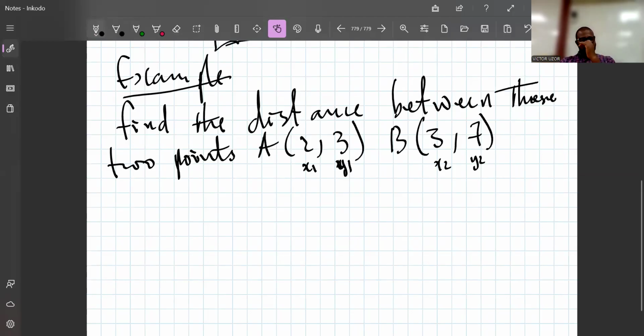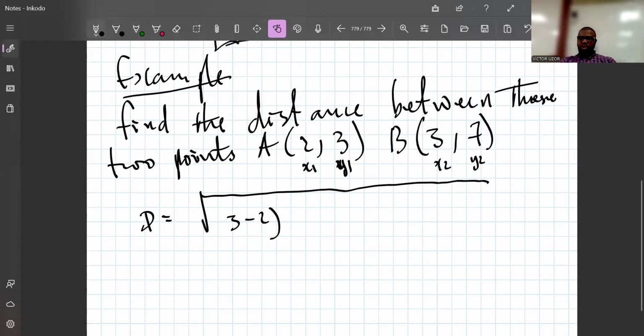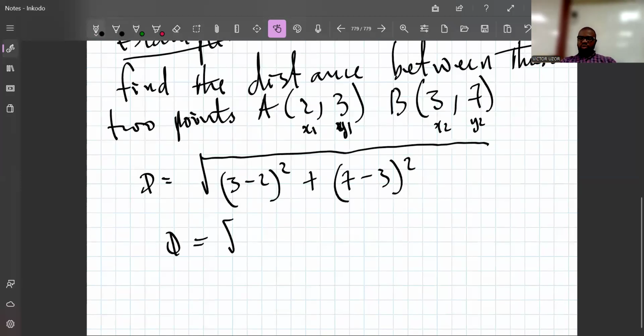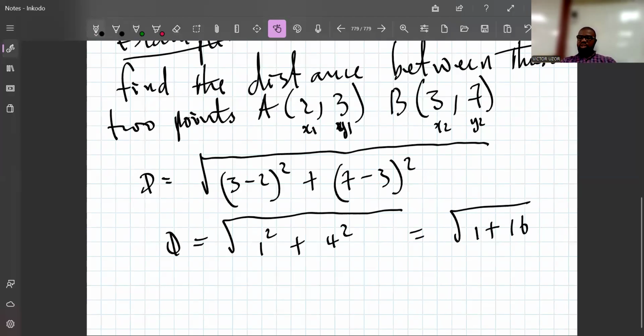So the formula says change in y over change in x. So d will be equal to square root of 3 minus 2 squared plus 7 minus 3 squared, which will give you square root of 1 squared plus 4 squared, which will give you square root of 1 plus 16, which will give you square root of 17.